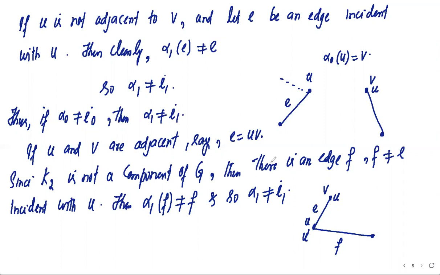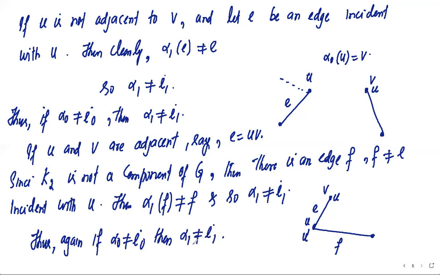So therefore we had assumed that alpha 0 is a non-trivial vertex automorphism, and now we have seen that it induces a non-trivial edge automorphism. So thus again, if alpha 0 is not equal to I0, then alpha 1 is not equal to I1.